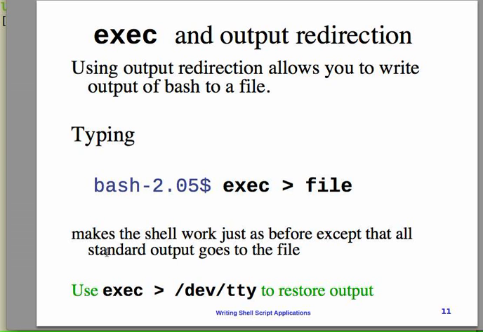Let's try that. And keep in mind, if you're doing this, you have to sort of reset the output to go to, in this case, the console by doing this: exec greater than /dev/tty to restore the output.